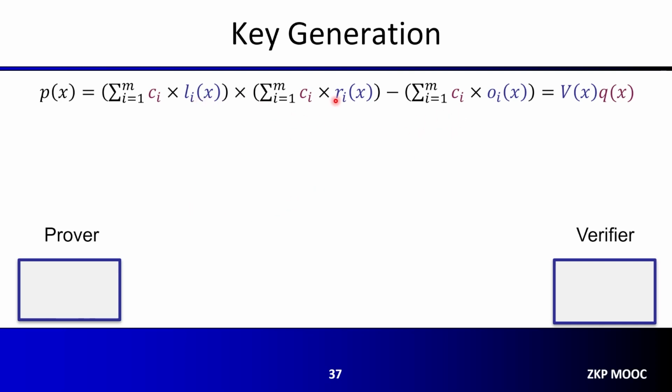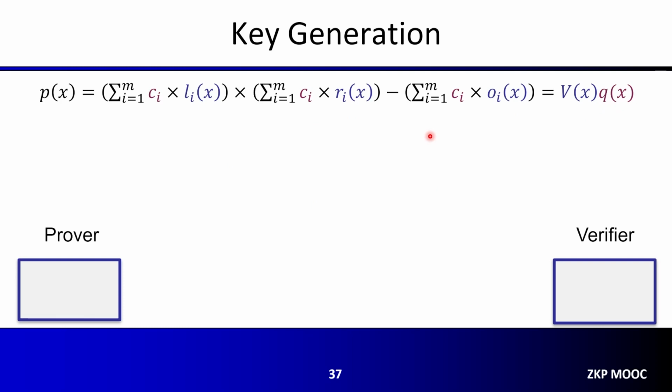And these L_i(x), R_i(x), and O_i(x) are public selector polynomials defined by the circuit, known by both the prover and the verifier, and they can be computed in a preprocessing phase because they only depend on the circuit, but not on any secret value. Similarly, we have the public vanishing polynomial V(x), and the quotient polynomial Q(x) is computed, for example, through polynomial division and is only known by the prover.